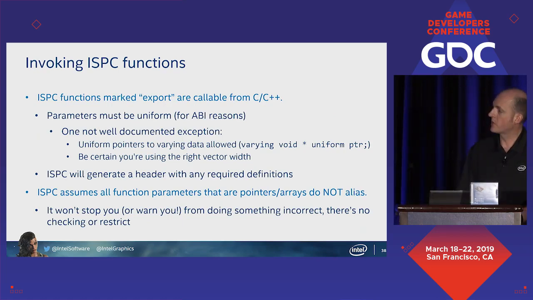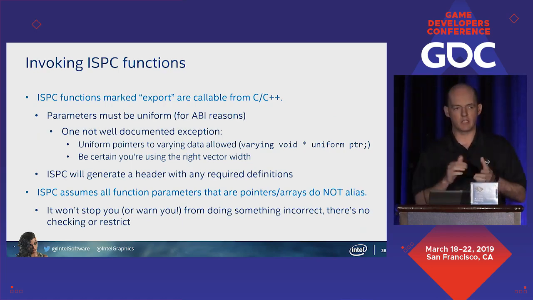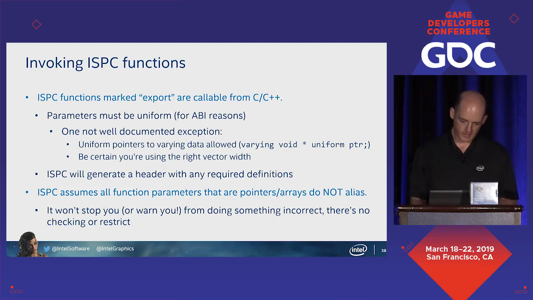It's worth noting that when you call into your ISPC kernels, there is an assumption for performance reasons from ISPC that there is no memory aliasing. It won't stop you, it won't warn you if you do alias your pointers, but bad things may happen.